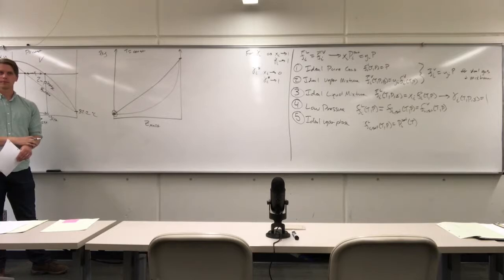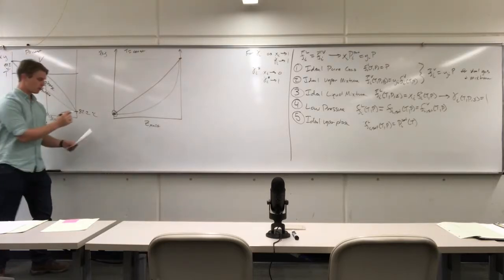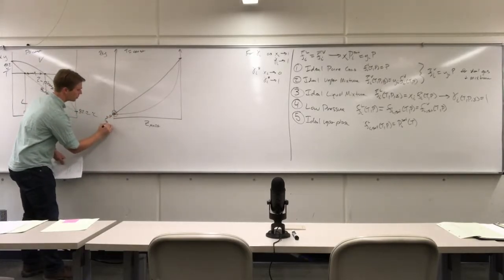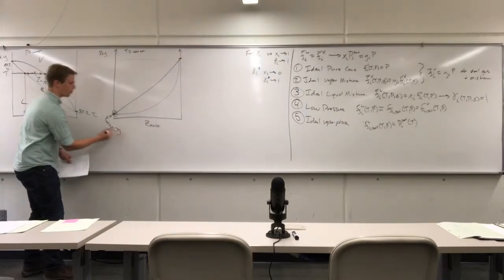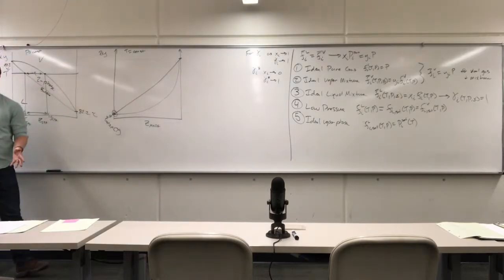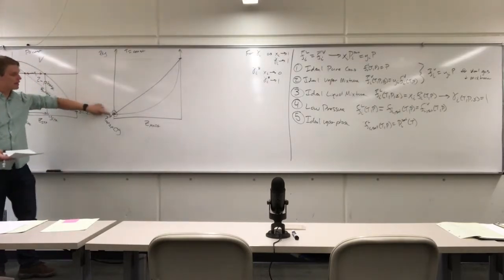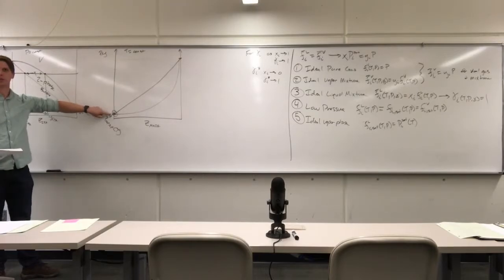Yeah, it's the vapor pressure of pure, whatever the other one is. Yes, this is the vapor pressure of pure 1-pentanol. So this is P vaporization of 1-pentanol at the temperature that this diagram is constructed at. We know it's the less volatile species because it has the lowest saturation pressure.